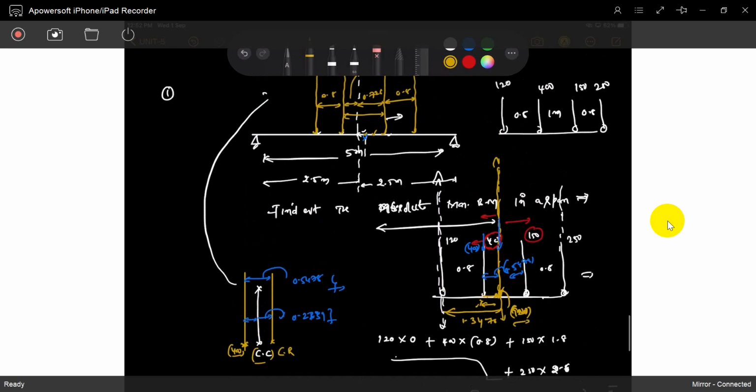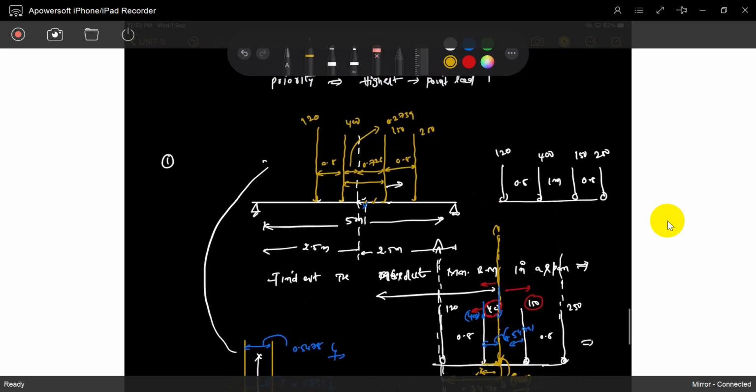So now we have to draw the bending moment diagram, the influence line for bending moment, for which section? Center? No chance. Again, see the difference. We will consider that if the 400 load gives the more value, it gives more chances of stretch. So the absolute maximum bending moment occurs under this load section, not at the CG, not at the center of gravity, not exactly at the 2.5 section.